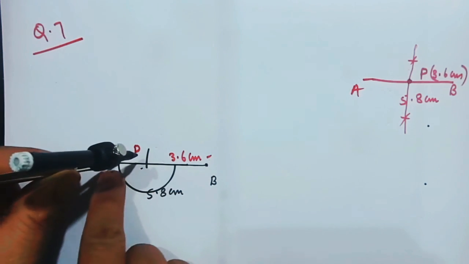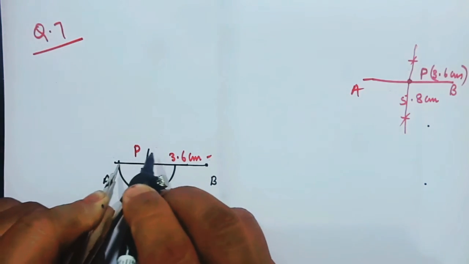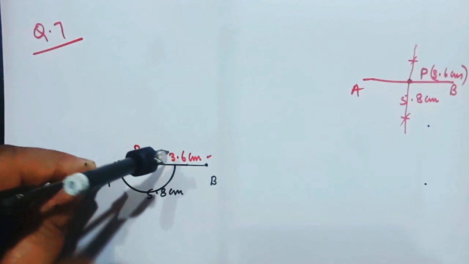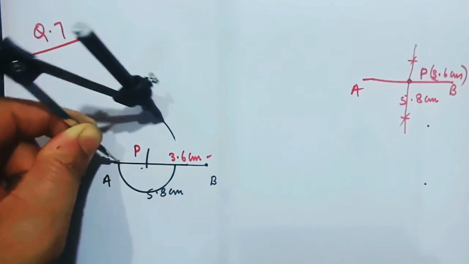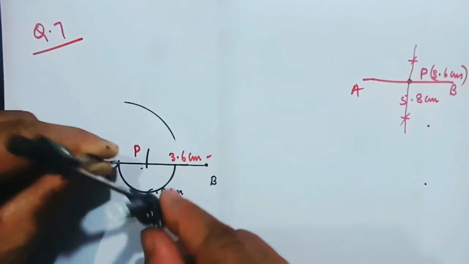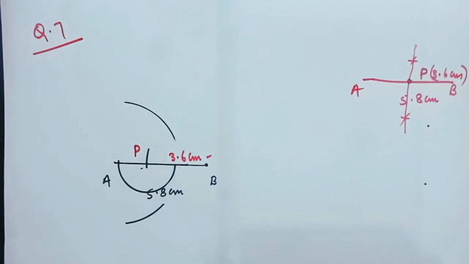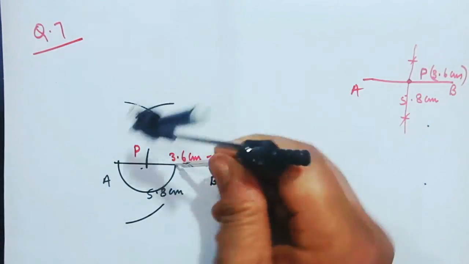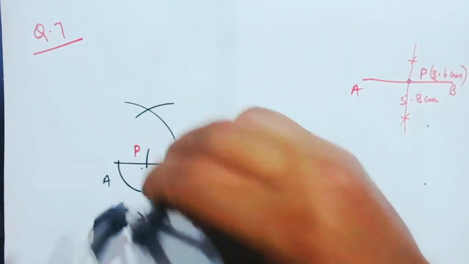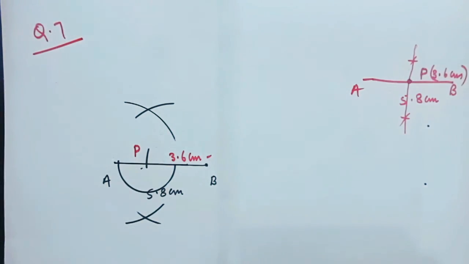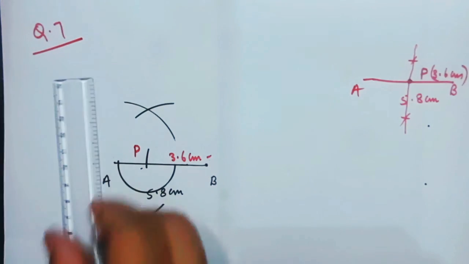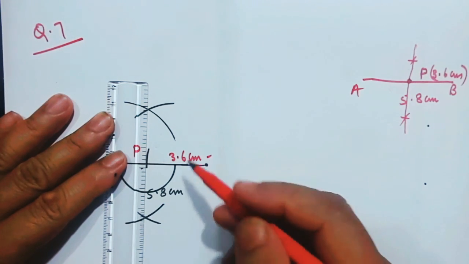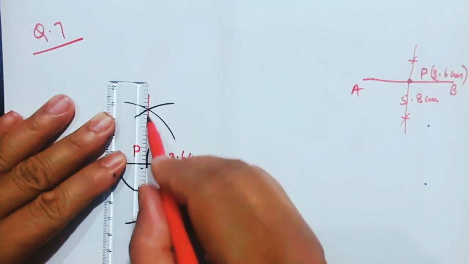Now at this particular point, you can increase the length also. I'll draw another arc. Again, putting my pointer over here, I'll draw another arc. And you will find that if you join these 2 points, it will naturally pass through P only.